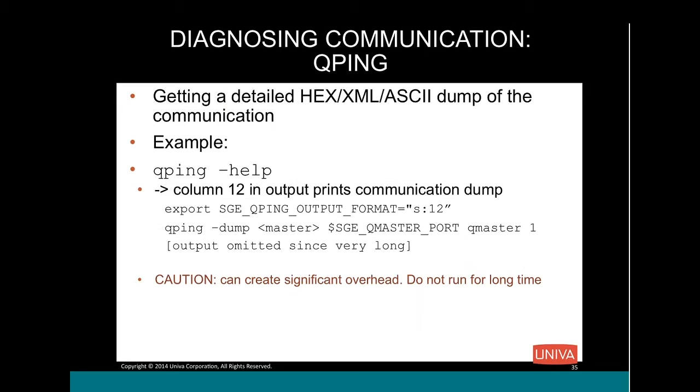So you export SGE_QPING_OUTPUT_FORMAT=s:12, and then you can run that qping -dump, the master, SGE master port, qmaster 1, and you'll get far more detailed output, much longer than we would want to show in this presentation. This can generate significant overhead, but it could be extremely useful because it will show you the actual detail of the communication packets going between the master and execution daemons. So it can be useful for debugging, but probably not something you want to turn on for a long time.